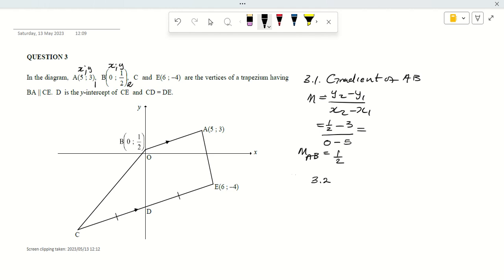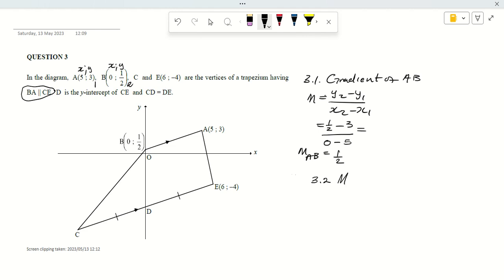We are given that in the information here, we are given that BA or AB is parallel to CE. So now what we know is that in analytical geometry, parallel lines have equal gradients.